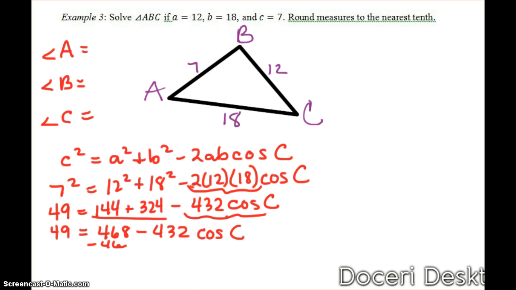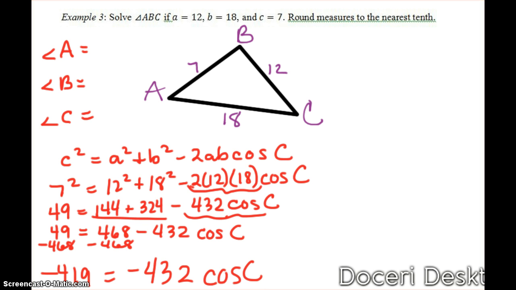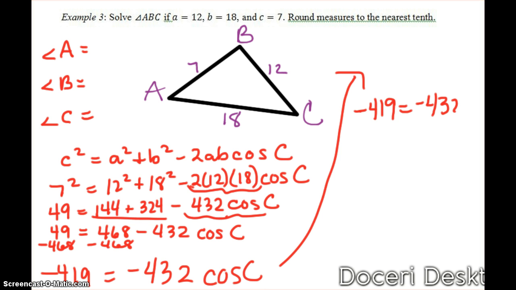I want to subtract 468 from both sides, and I get negative 419 equals negative 432 cosine of angle C. I want to get cosine by itself, so I'm going to divide both sides by negative 432.